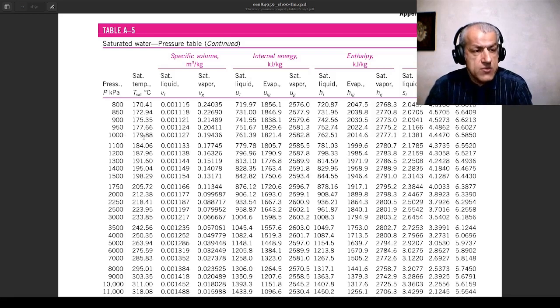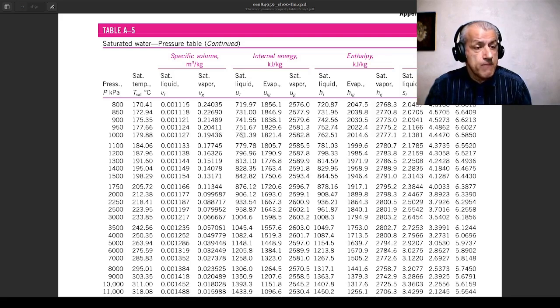The saturated temperature is 179.88, and I just want to write the saturated liquid values. This is 0.001127, which is the specific volume for the saturated liquid.